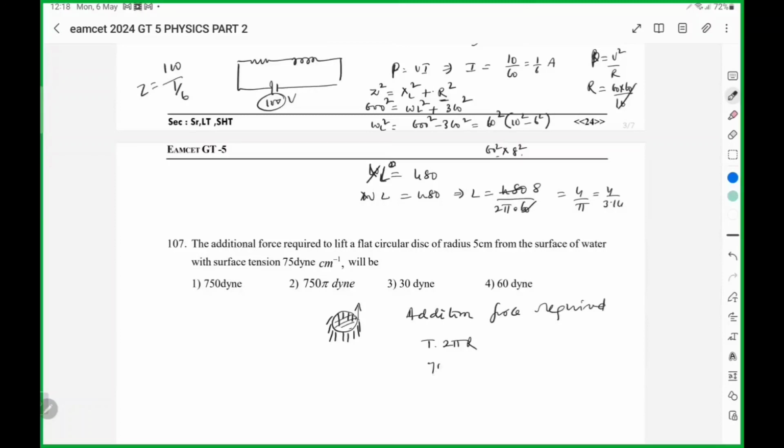That is surface tension 75, the radius is 5 centimeter, 5 by 100 meter. Surface tension is also given in terms of centimeter, so 750 pi dyne.